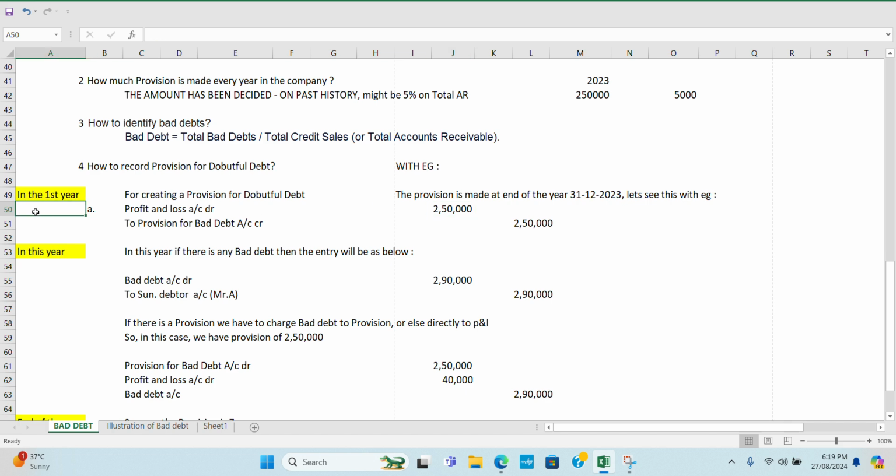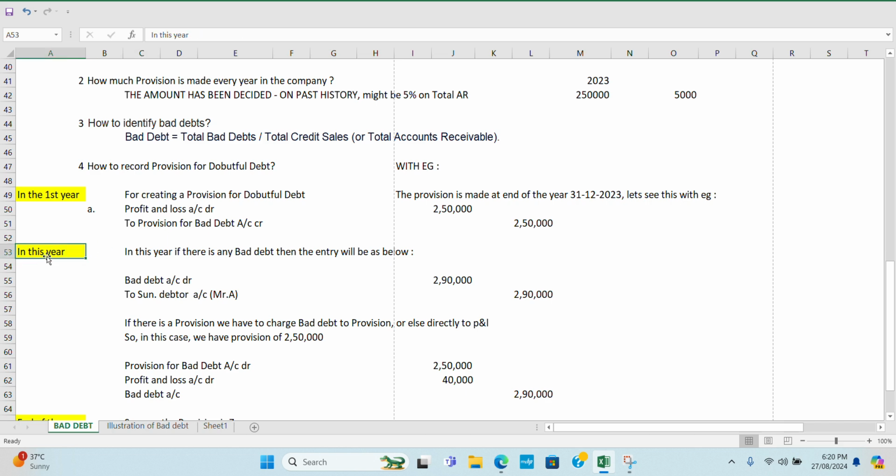So we have made an entry: profit and loss account debit to provision for bad debt. Profit and loss account is debited because it is a loss for the company. Provision for bad debt is a contra entry which comes under accounts receivable, under current assets in the balance sheet.